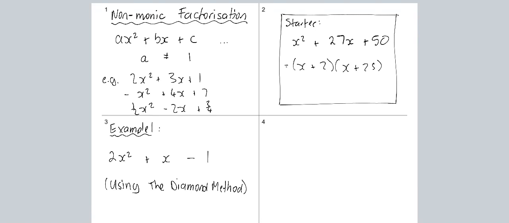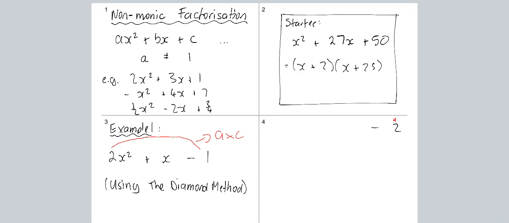First thing we do is we multiply A by C. And we write the number up in the top right-hand corner. So that would be 2 times negative 1, which is negative 2. Negative 2. Underneath it, I might just put a little red star in front so you can see where it came from.